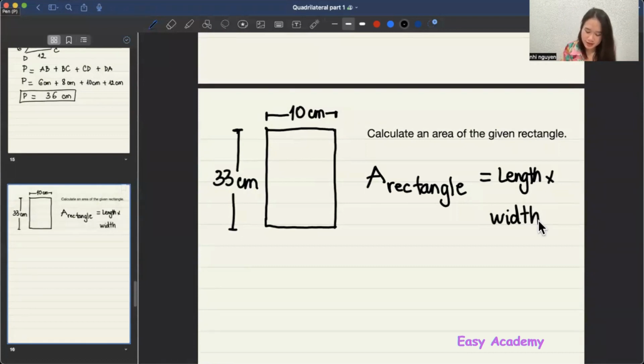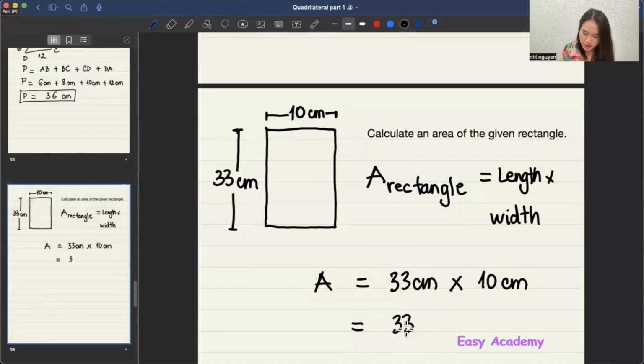In this case, the length is 33 and the width is 10 centimeters, and they have the same unit, so we don't have to do a conversion. So 33 centimeters times 10 centimeters is going to be 330 centimeters squared.